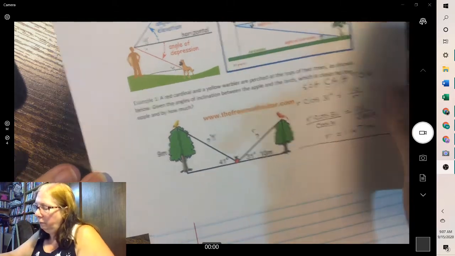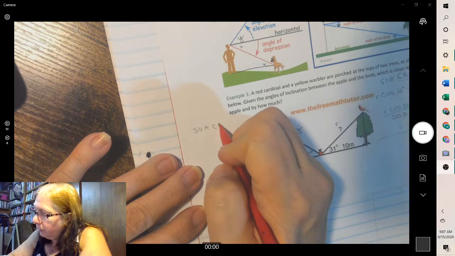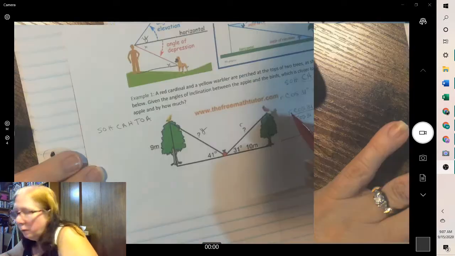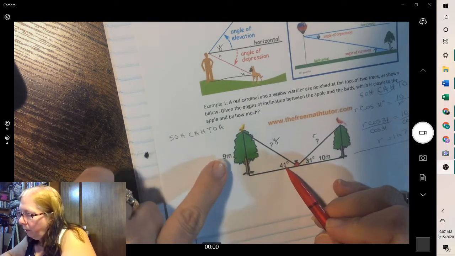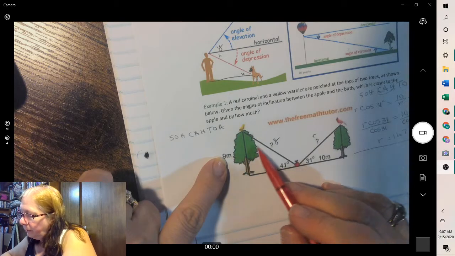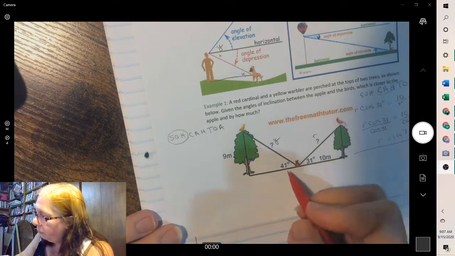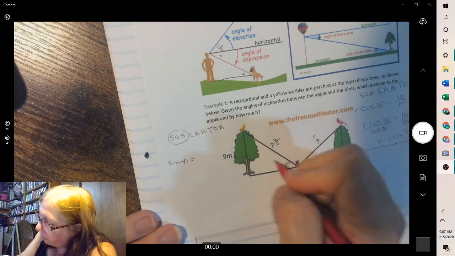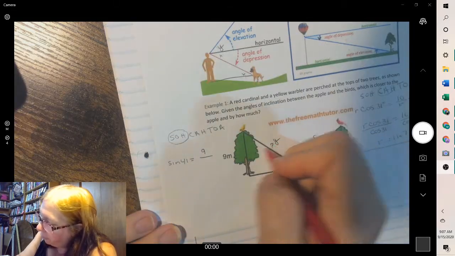For the yellow one, again, we're thinking of Sohcahtoa. If we look here, we have an angle, we have opposite and hypotenuse. Well, opposite and hypotenuse, that's this one. So we're using the sine of 41 equals opposite over hypotenuse.